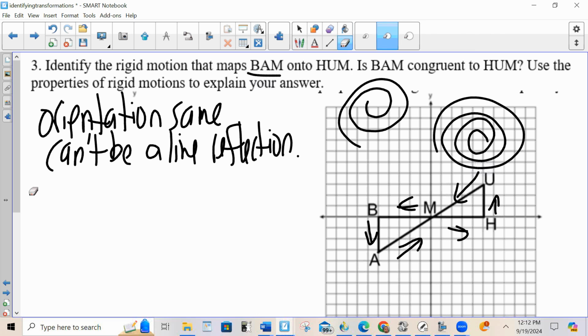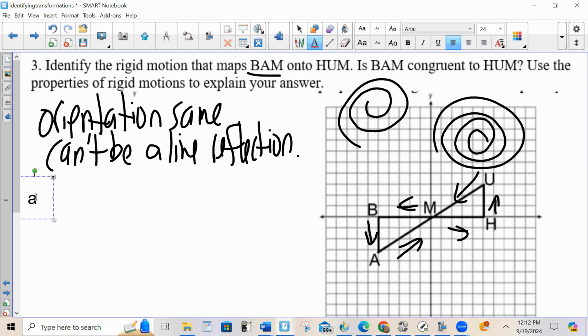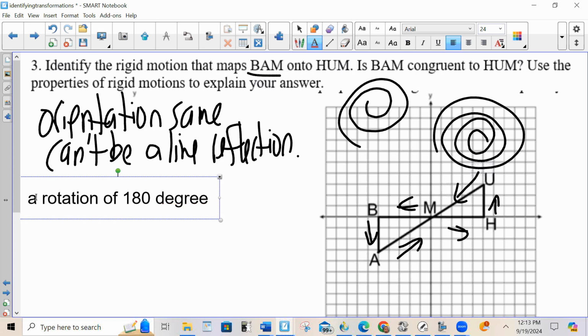So what are we doing? Rotation has to be very specific. It's a rotation of how many degrees? Well, since it's turning completely upside down, it's 180 degrees. You have to state a direction. For 180, it doesn't matter if I go clockwise or counterclockwise because it's the same. So I'm just going to say clockwise, centered at.